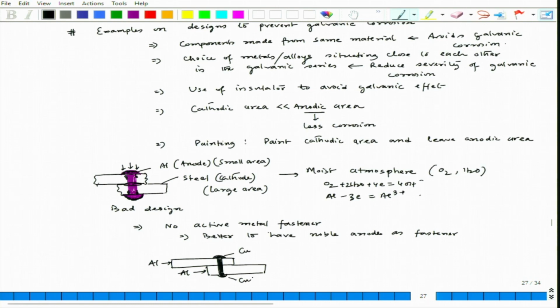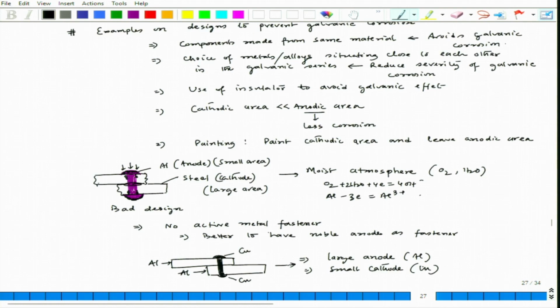So, in that case we are actually avoiding a large cathode and small anode. So, here it will be a large anode and small cathode. Here copper and this is aluminum, fine, in this particular case.